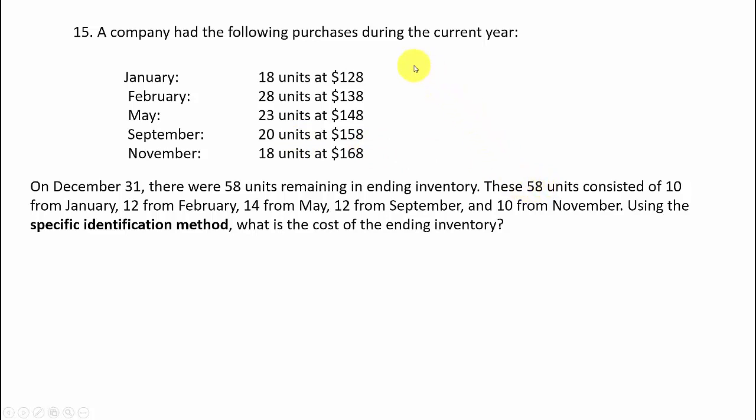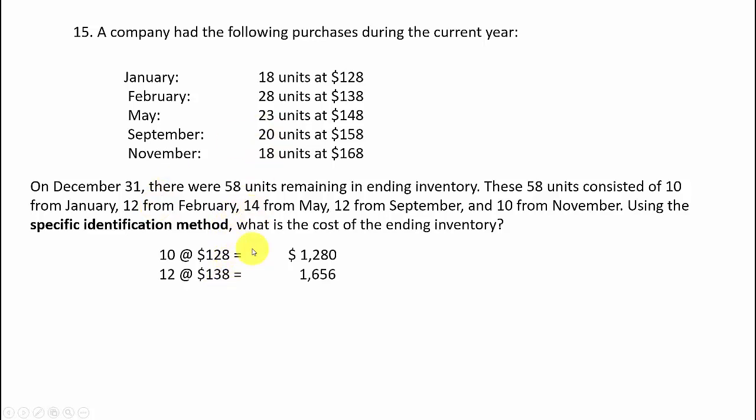And under specific identification, they tell you which ones we still have left. So they say, these 58 units consisted of 10 from January, so let's put that down there, 12 from February at that February price.